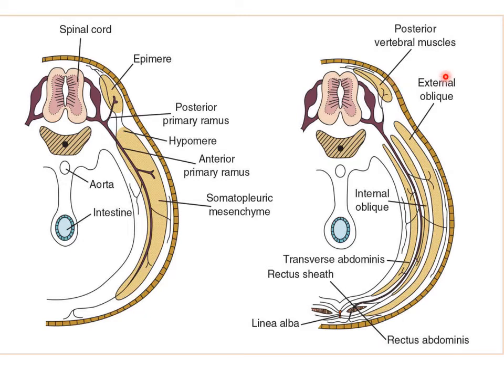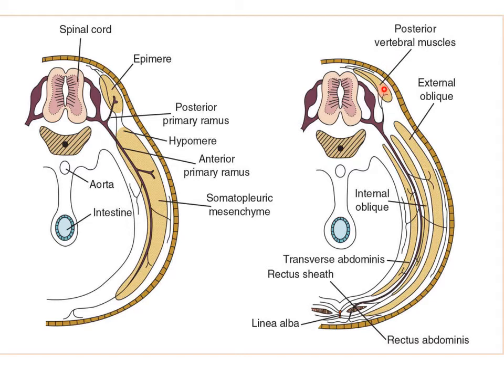The epimere is supplied by the posterior primary ramus or dorsal primary ramus, and the hypomere is supplied by the anterior primary ramus or ventral primary ramus. This is the innervation of the muscles.